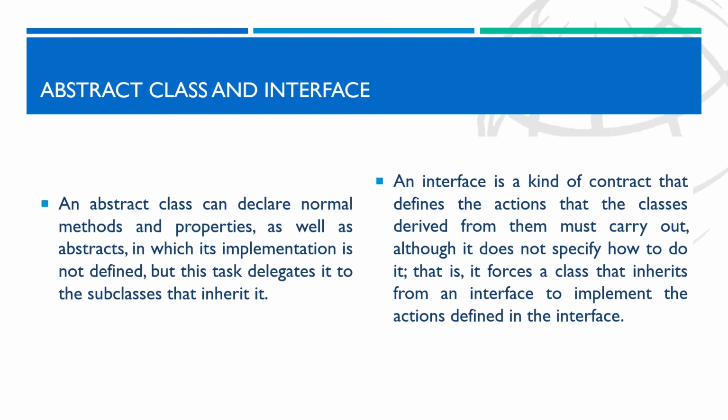An abstract class can declare normal methods and properties as well as abstract ones in which the implementation is not defined but its task is delegated to the subclass that inherits it. This means that the subclasses have the obligation to develop the design detail of their abstract components, that is, the abstract elements must be implemented in the inheriting classes.